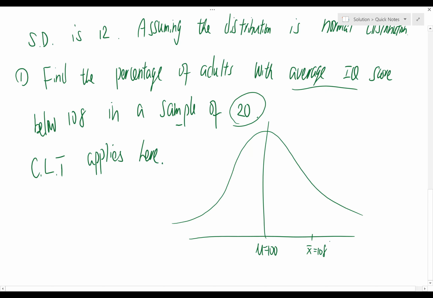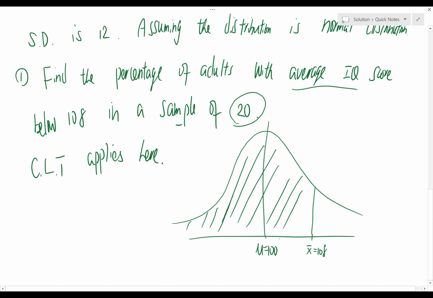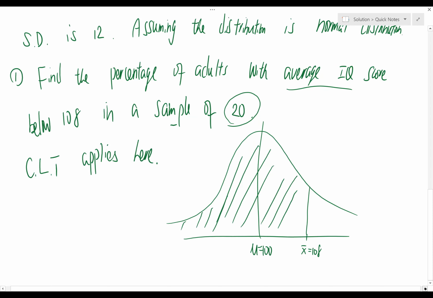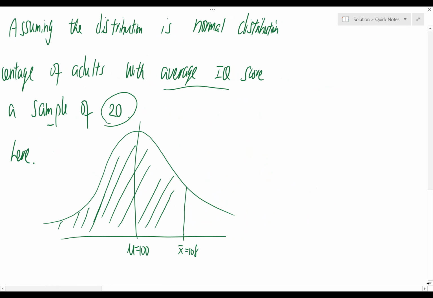Now we want to find below 108, which means we want the area to the left of 108. First thing is using the z-score formula, which varies a little bit. X bar is 108, population mean is 100, standard deviation is 12, and the sample size is 20.